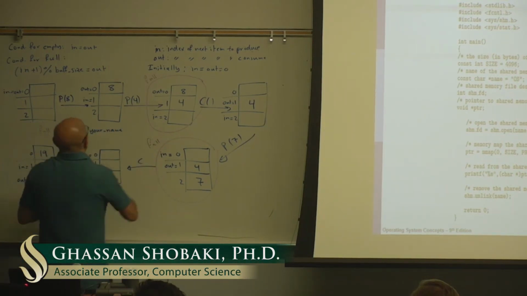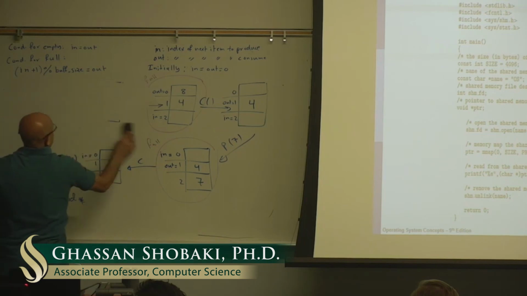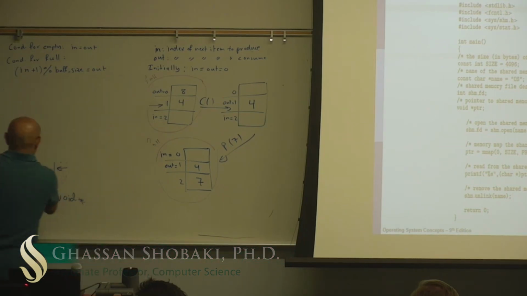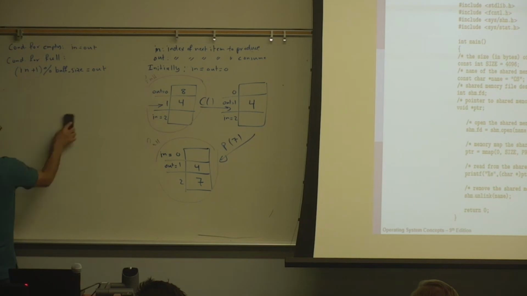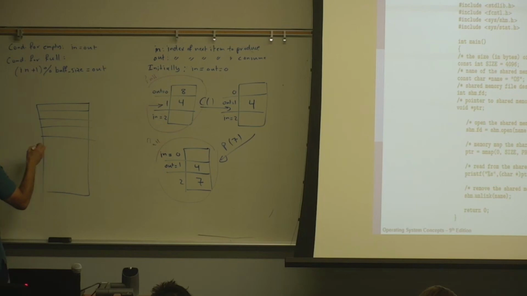Because our buffer in assignment 1 is going to have a header. So this is the shared memory object. So we will have a header with 4 fields in it. So this is the header. And then we have the body of the buffer that has the items. So then you'll have the numbers.